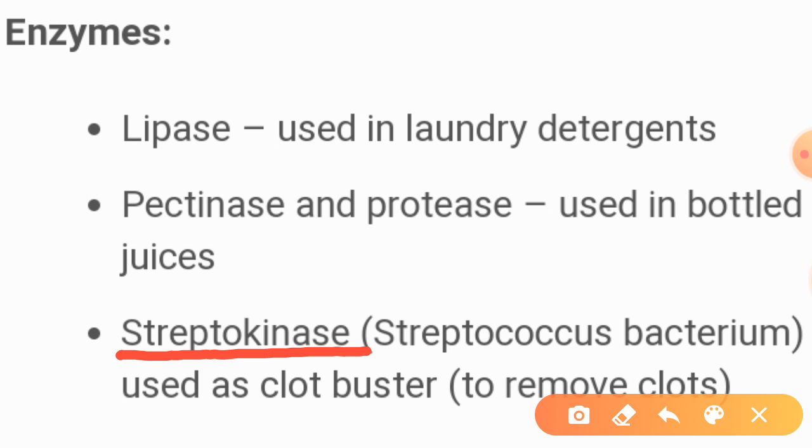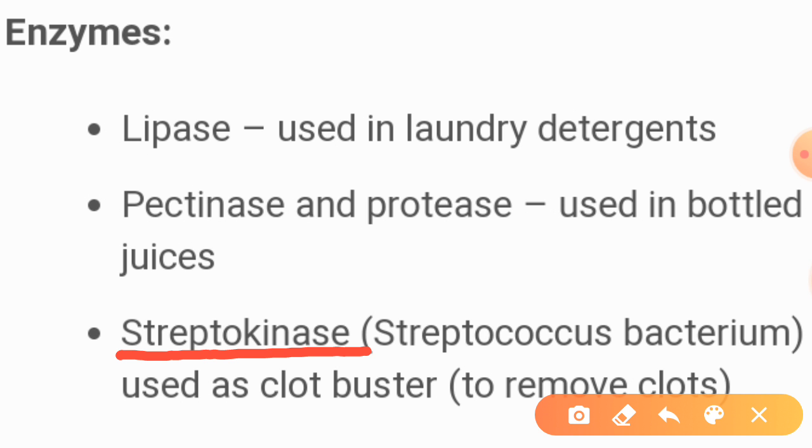Especially, this streptokinase acts like a clot buster. What do you mean by clot busters? As you know, in our blood vessels, blood can get clotted, or they can make some special type of clots.